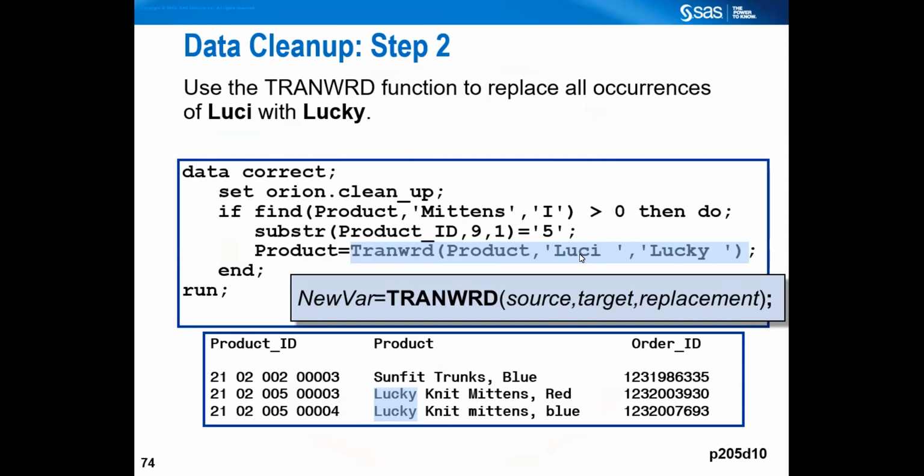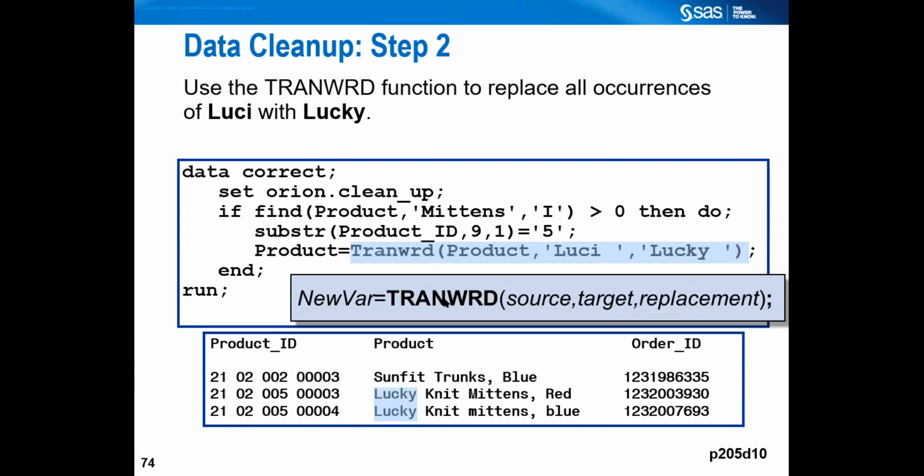Source, target, replacement. And your source, you are telling it's along with trailing space. And that has to be replaced with lucky along with trailing space. Why trailing space? Because in your data you have after Lucy a space. So you have to specify so that this value gets space in between. Otherwise it will be concatenated like Lucy knit. It won't have space. So it's better to give leading space, trailing space for your replacements.